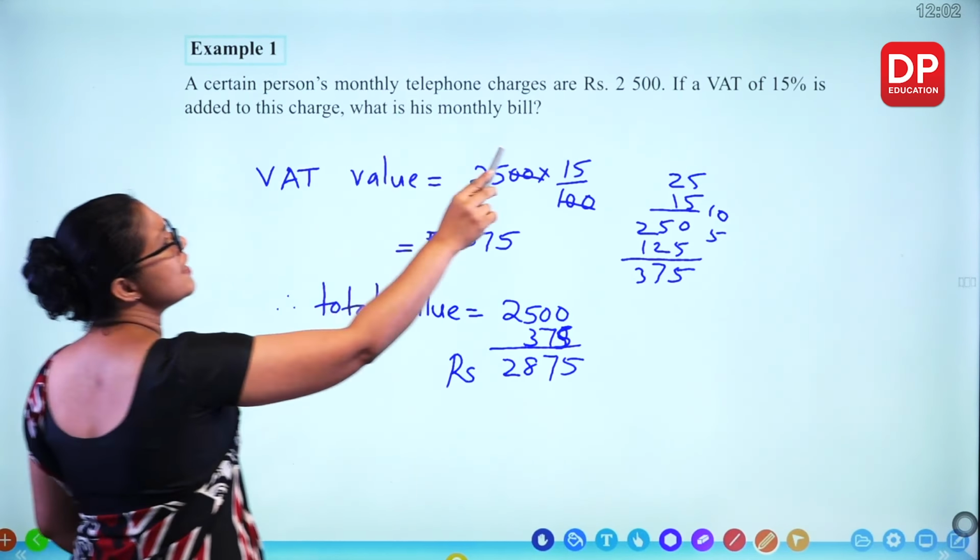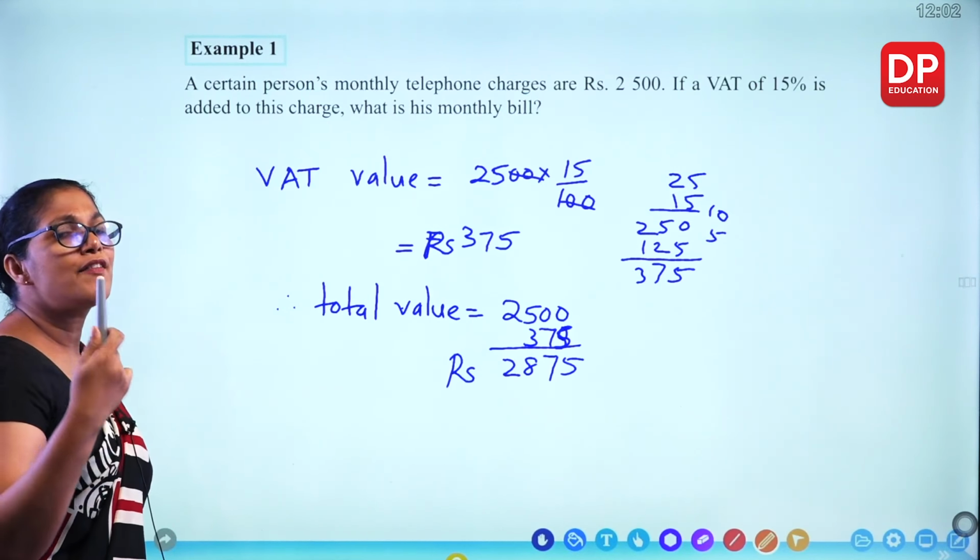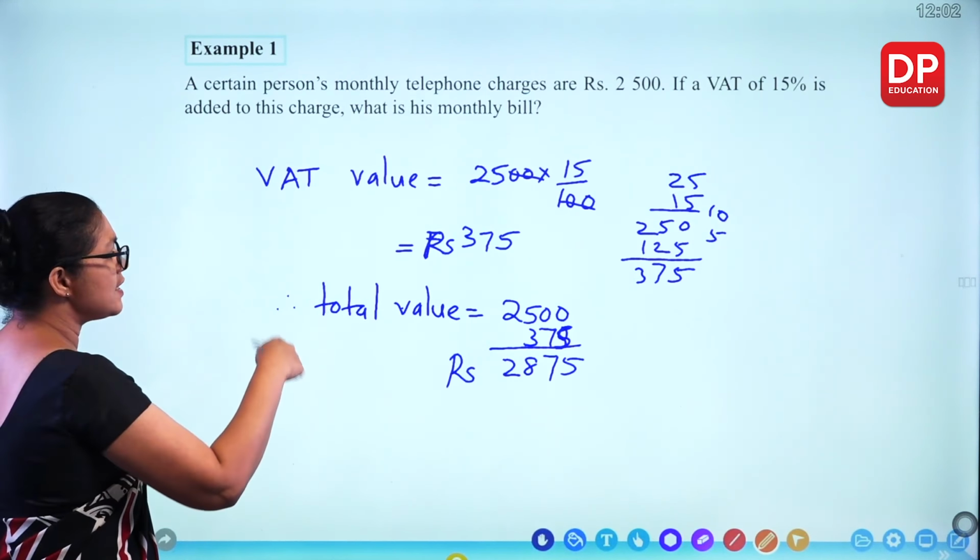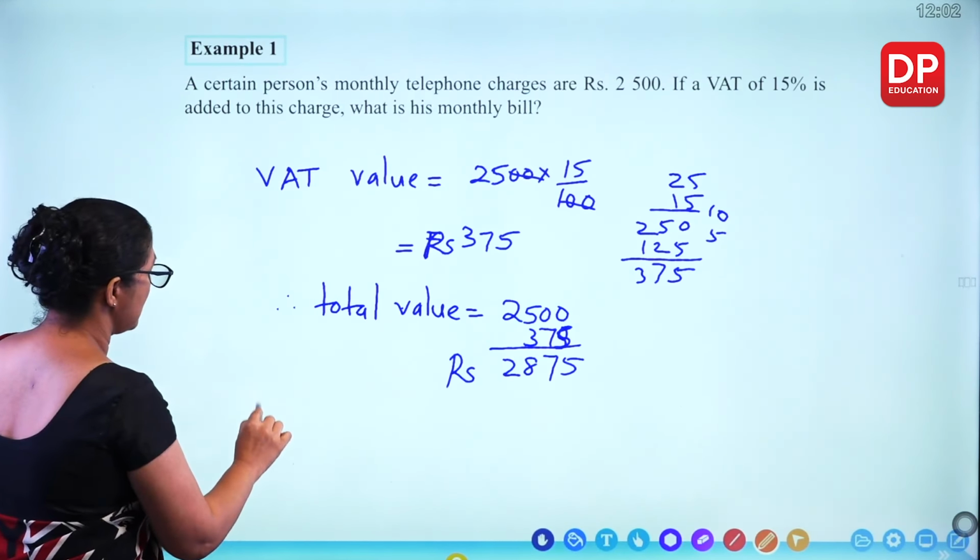So with the tax, 15% tax, that means if the cost is 100 rupees, you have to pay 115. So we'll take that to find out the tax. So 2,500 multiplied by 115 and divide by 100.